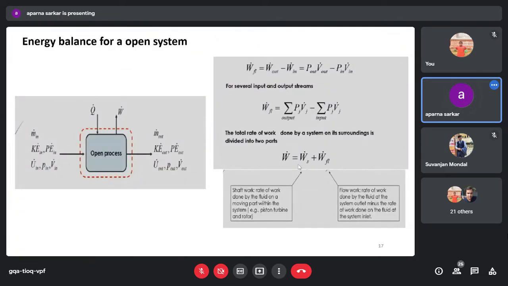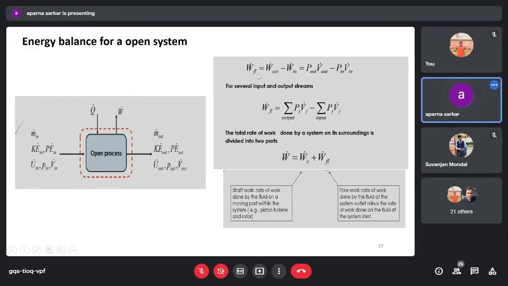Okay. So for the open system, the governing equation is the same: accumulation is equal to input minus output. But for input and output, we have to incorporate some terms, that is the changes of pressure and volume.